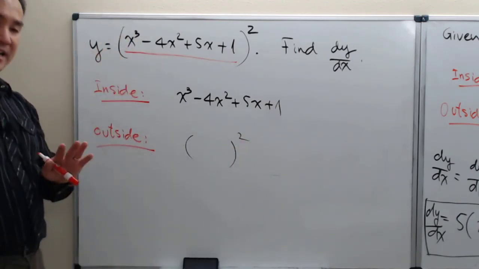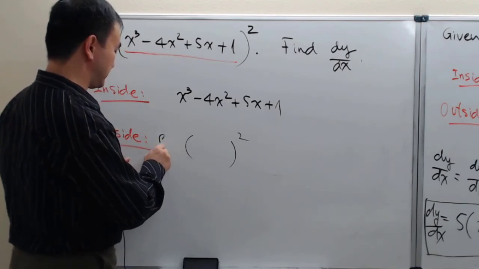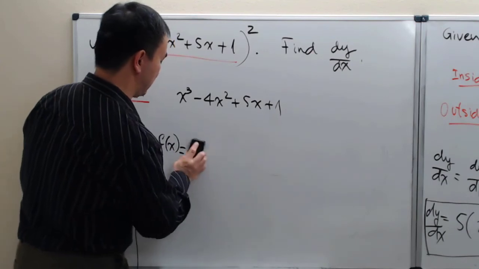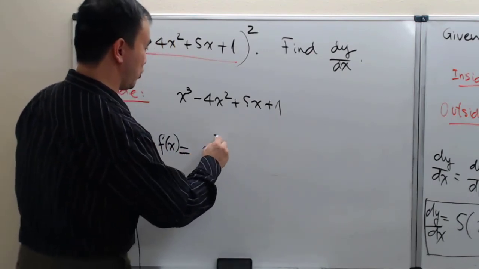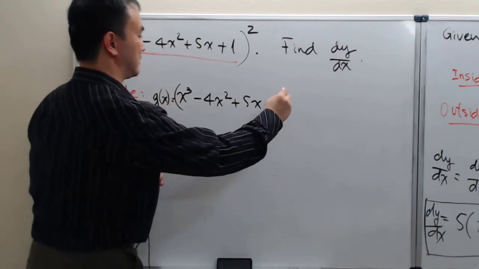Okay, and that's the outside function. And so f of x for the outside function is going to be the square, but the inside function we can regard as g of x. Okay, all of that.